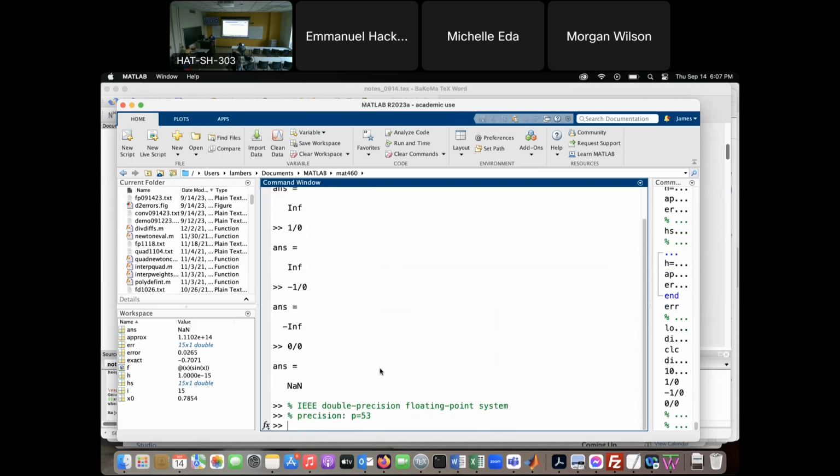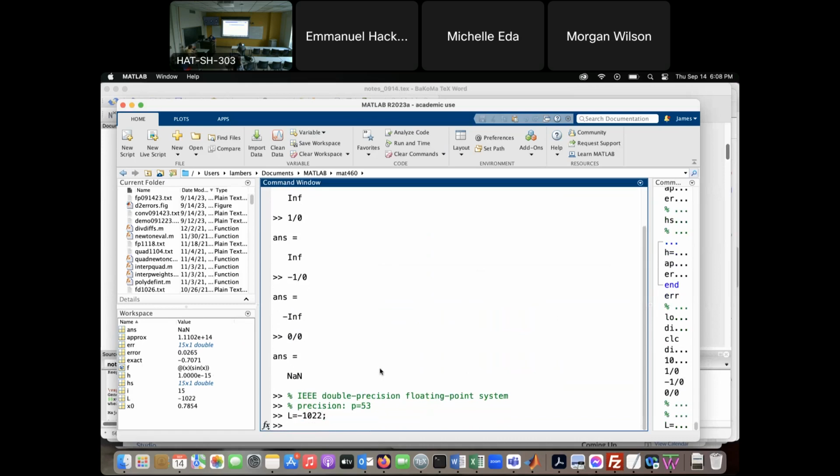And then the lower bound on exponents is minus 1022. And then the upper bound on exponents is positive 1023.